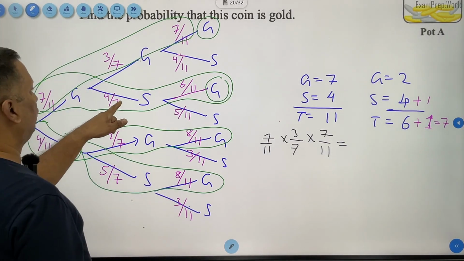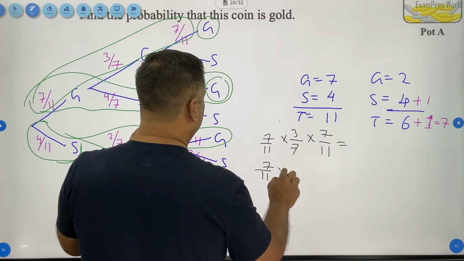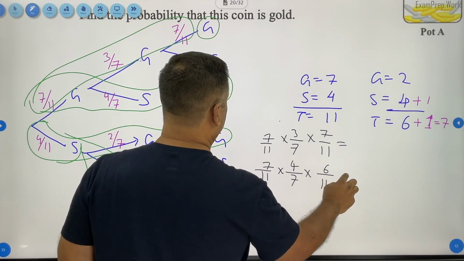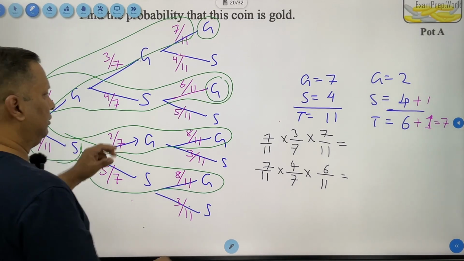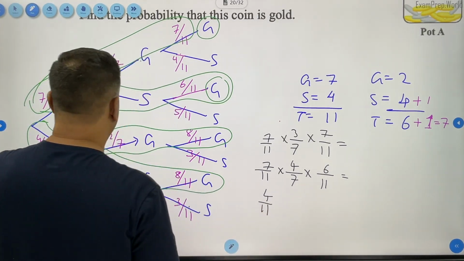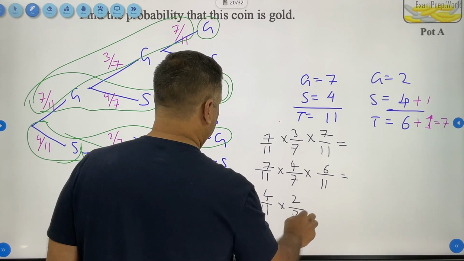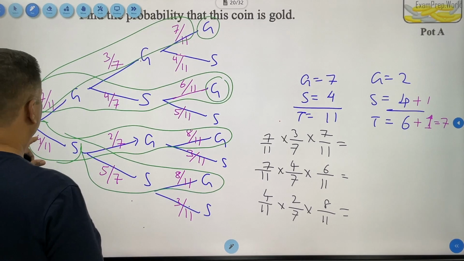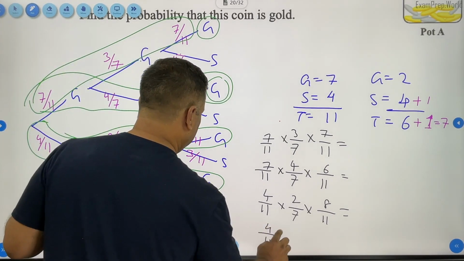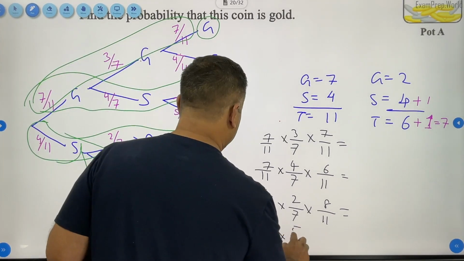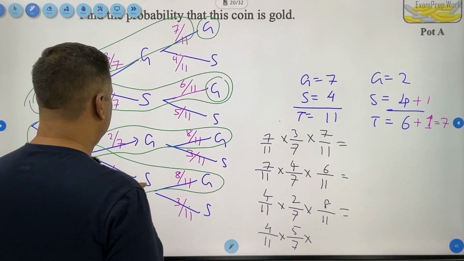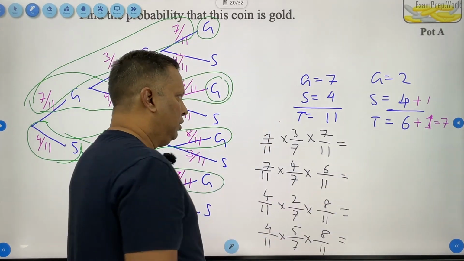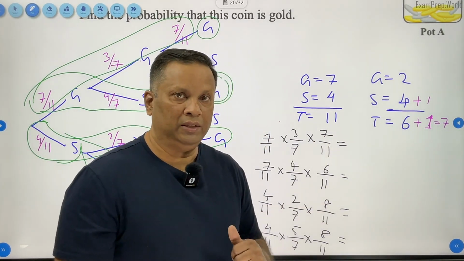Next, 7 by 11, 4 by 7, 7 by 11 times 4 by 7 times 6 by 11 plus 4 by 11, 2 by 7 and 8 by 11. And final thing, 4 by 11 times 5 by 7 times 8 by 11. So you get all these probabilities and add. That will be your answer.